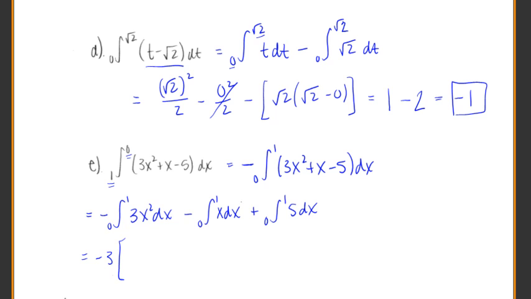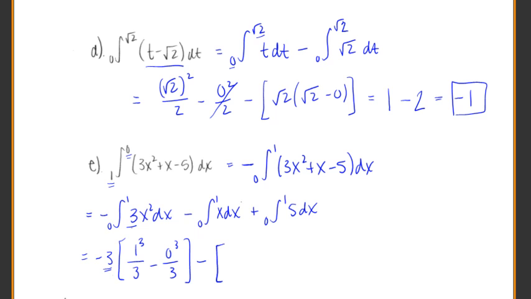Then for that one, we start incorporating our cubes: 1 cubed over 3 minus 0 cubed over 3. Again, that's just because I pulled that constant out front.